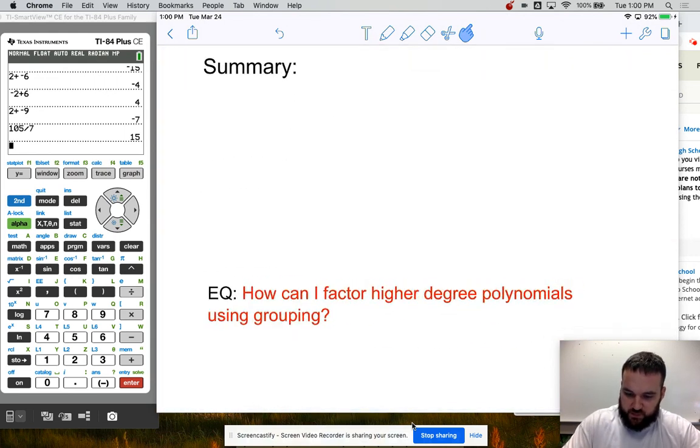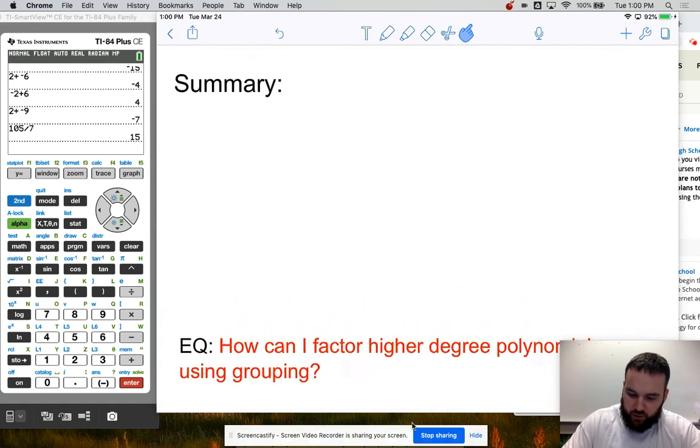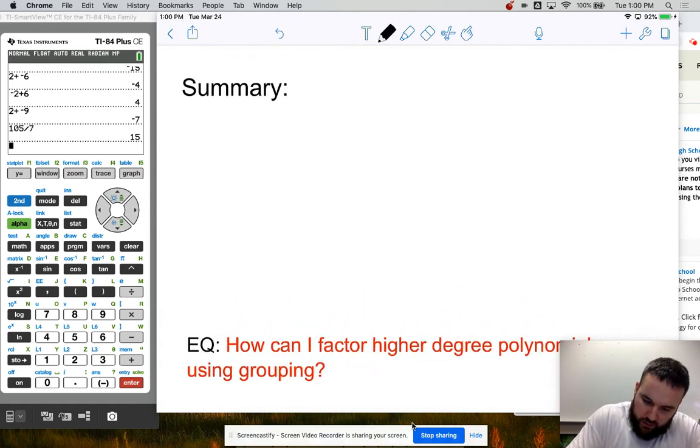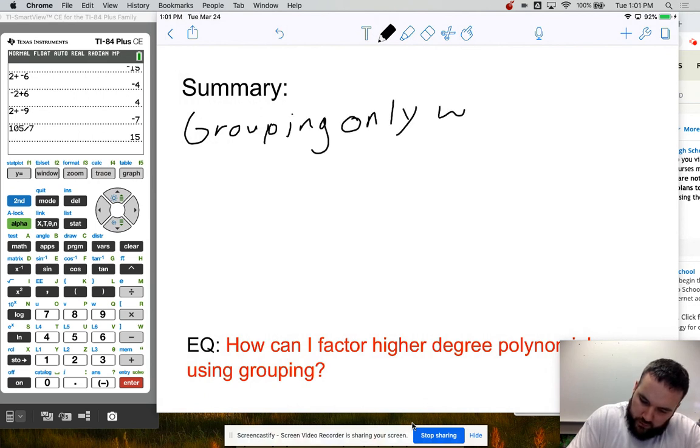Okay. So to summarize, how can I factor higher degree polynomials using grouping? Grouping only works with 4 terms.